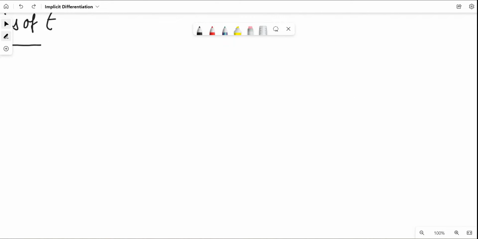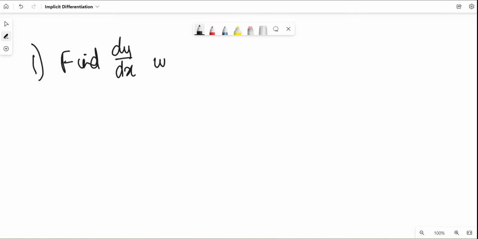Let me go over here just so we have space. So the first problem that I came up with is find dy by dx when xy equals 6. Now this is really cool because we have to use the product rule.